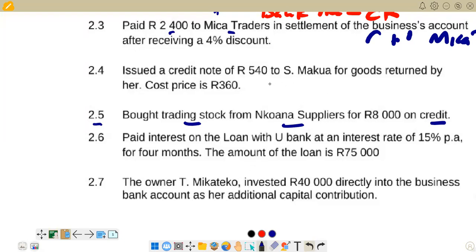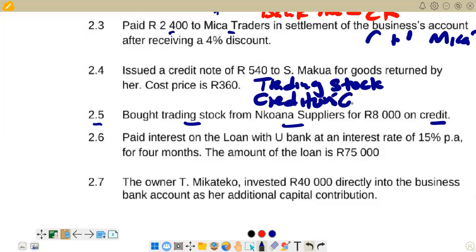So we have trading stock as one of the accounts, and then we have Goana, and Goana is a creditor, because we are buying from Goana on credit. So creditors control is also going to be opened, specifically for Goana Suppliers.